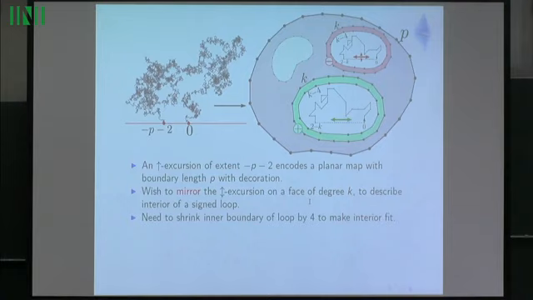Unfortunately, it's not quite that clean because of the annoying 2's sitting here. So the planar map that such an excursion encodes does not nicely fit into a rigid loop in such a large space. Instead, I have to contract the inner boundary of the loop by 4 to make it fit.